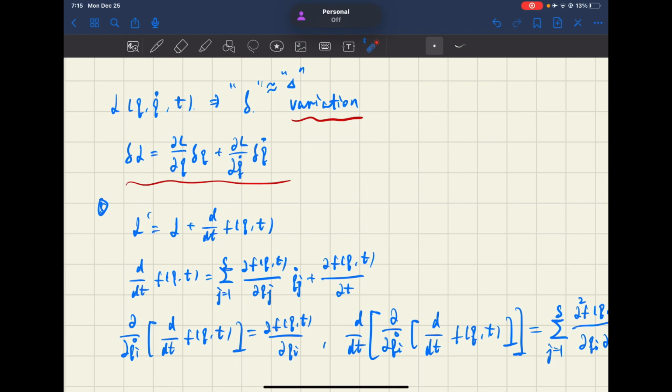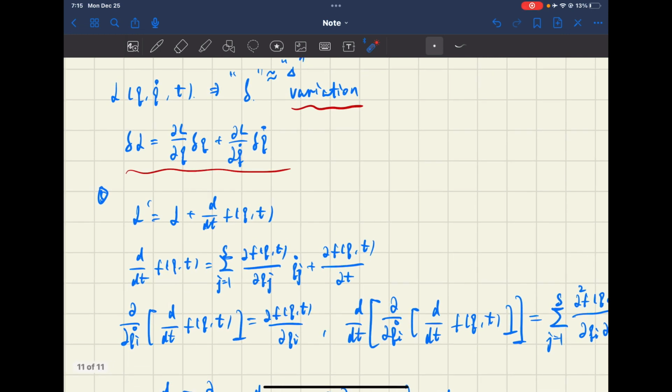Next I'm going to talk about one special property of the Lagrange function. It's not unique, meaning that even if we have two different Lagrange functions, we can still get the same result and the same trajectory. So we have two Lagrange functions here.